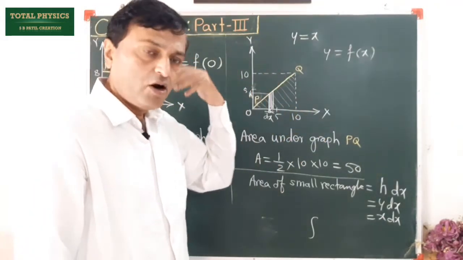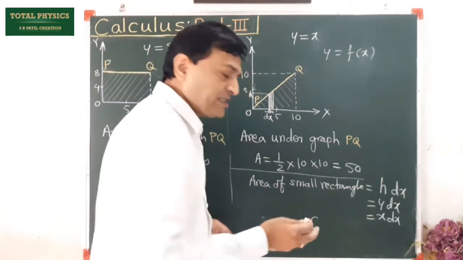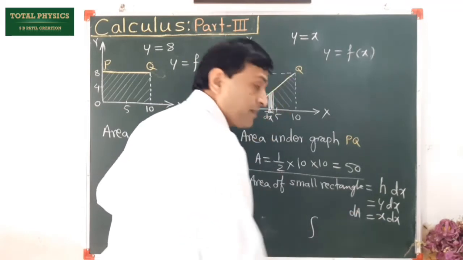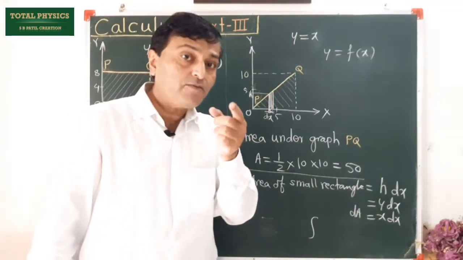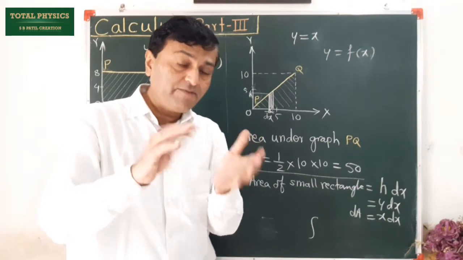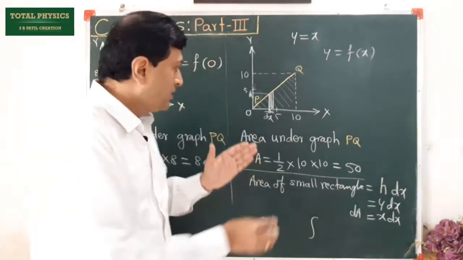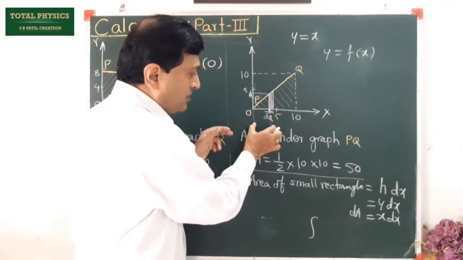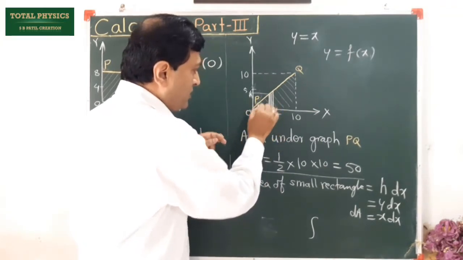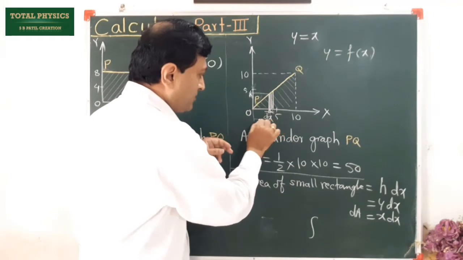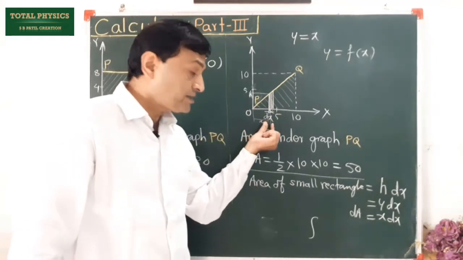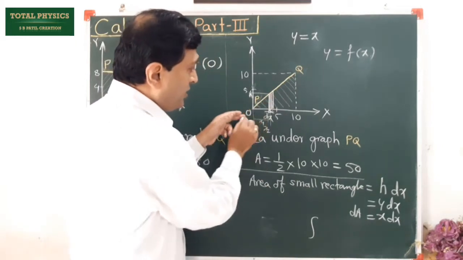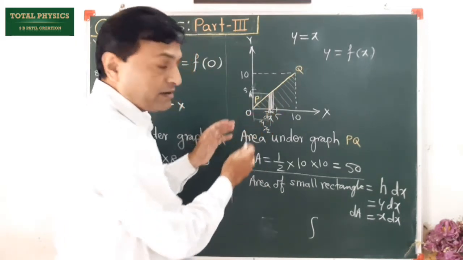Area of all rectangles. This area is small area, that's why it is represented as dA. It is not because of small that d is taken, it is difference of something, means from this point to this point, suppose this is x2, and from this point to this point, suppose this is x1, then there is a difference, x2 minus x1, that is dx, means this total area minus this small area.